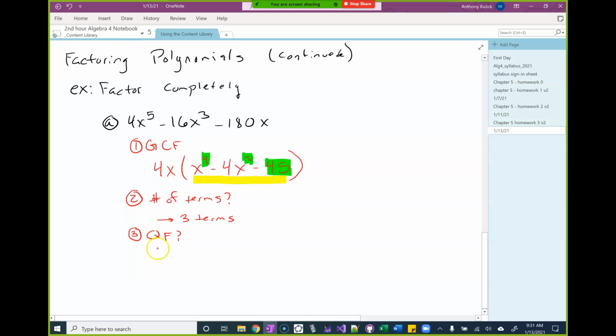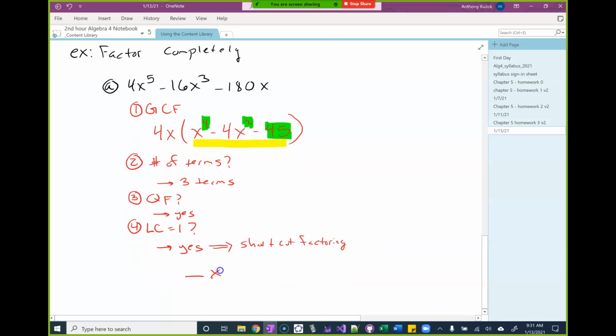So we can continue down, since we are in the quadratic form. After that, we want to know what the leading coefficient is. Is the leading coefficient equal to 1 or not? In this case, it is. And now all of that line of reasoning tells us that we can do the shortcut factoring.